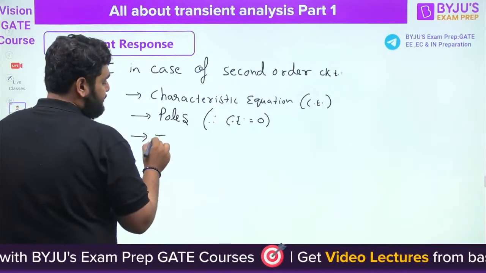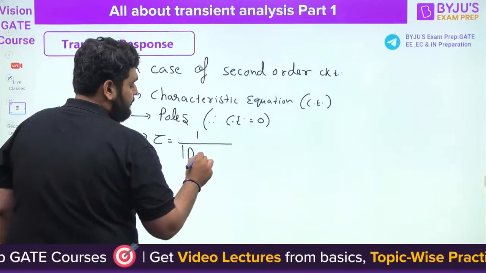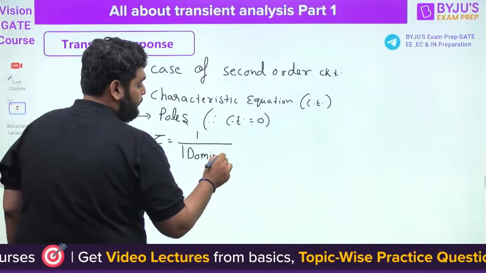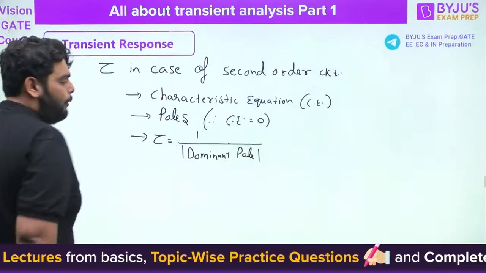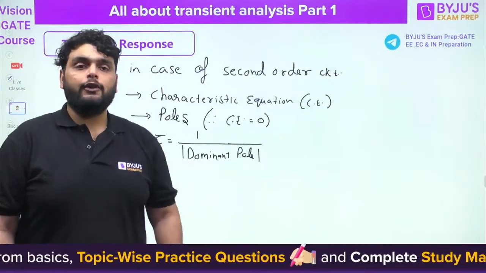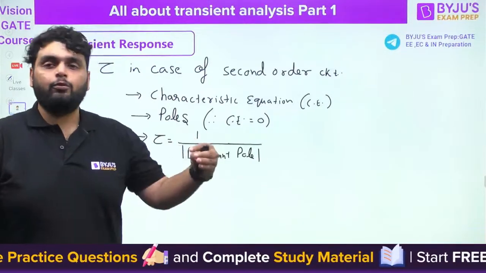Then time constant is equal to 1 divided by magnitude of a dominant pole. Dominant pole का मतलब क्या है? The pole which is nearest to the origin.